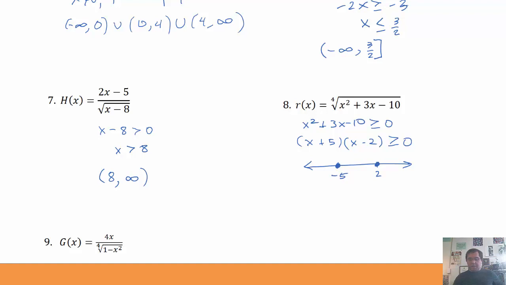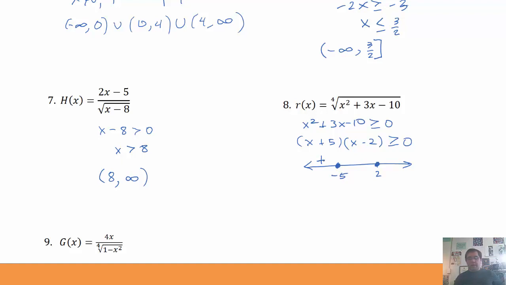So I'll take negative 6, that's in this left section, the one to the left of negative 5, and I plug it in. It gives me negative 6 plus 5 is negative 1. Negative 6 minus 2 is negative 8. When I multiply negative 1 times negative 8, a negative times a negative is a positive. So I'm going to mark that section of my number line as being positive.